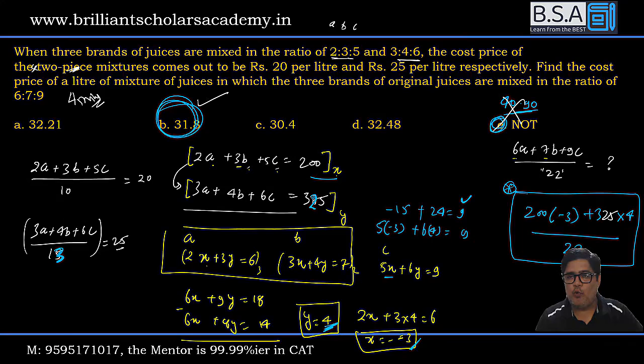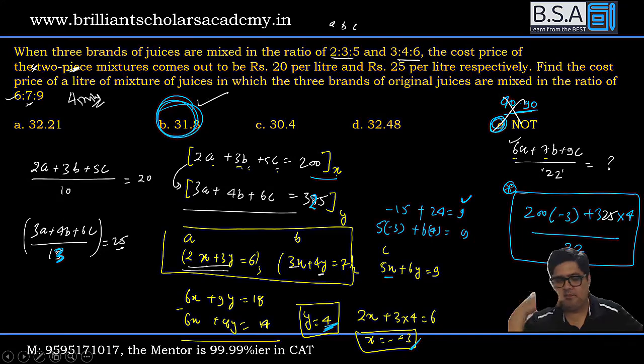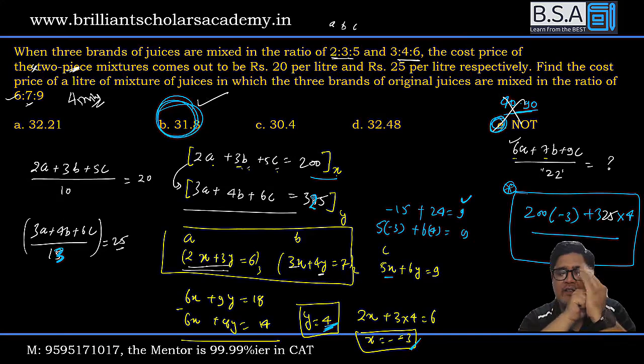I want 2x and 3y to become equal to 6 liters, क्योंकि आखिर मुझे कितने लीटर चाहिए? 6 लीटर्स चाहिए. Similarly when I multiply x here, B के लीटर बन जाएंगे 3x and 4y. I want them together to be 7 liters. So I'm matching quantities without actually finding the prices.